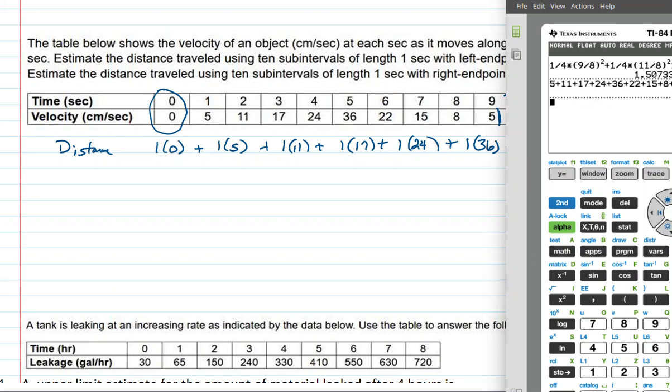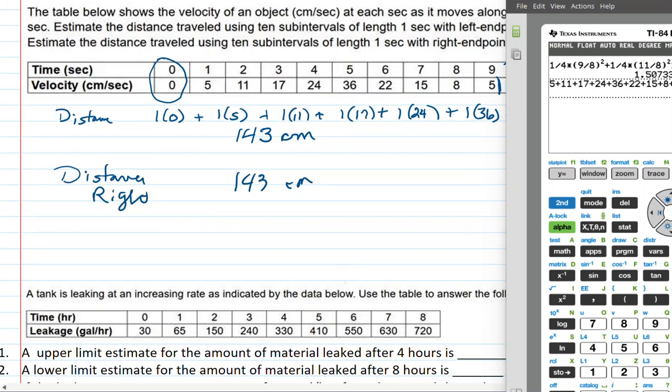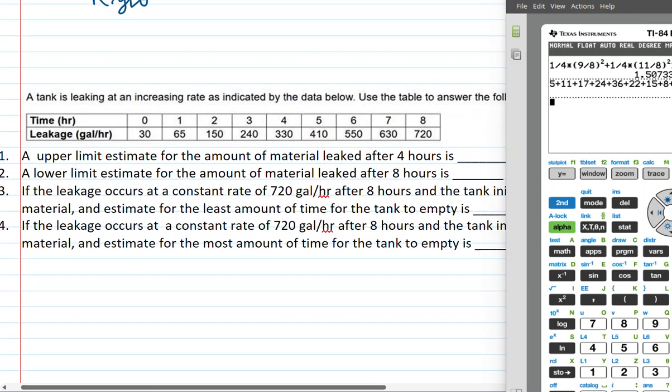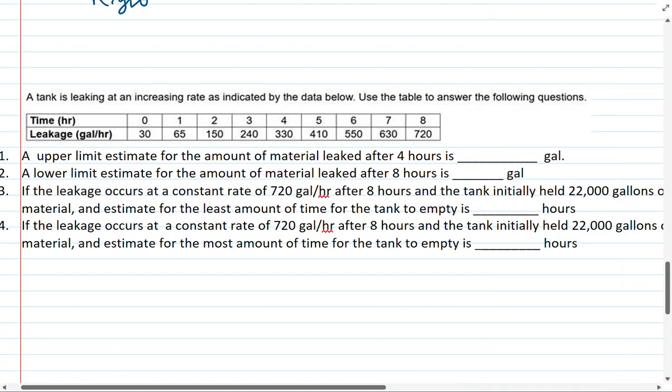Did y'all get that? And now, if we did the next one on the right side, it's the same. All right. So this is our last one on this lesson, and I did the upper, and I forgot. Sure.